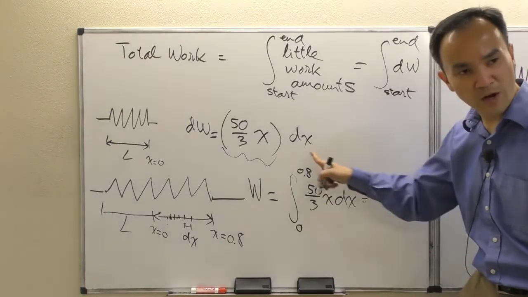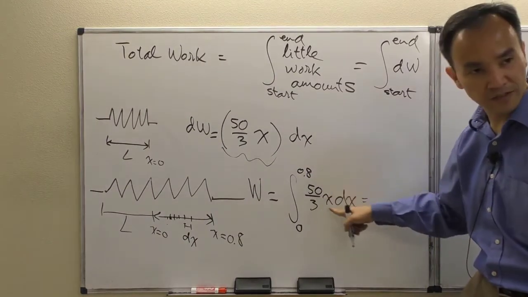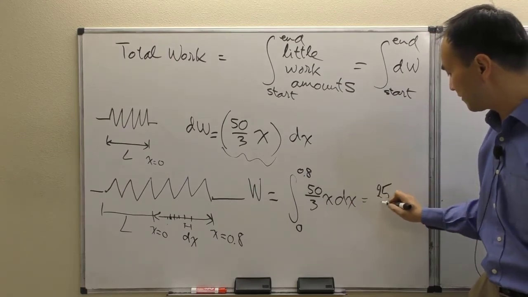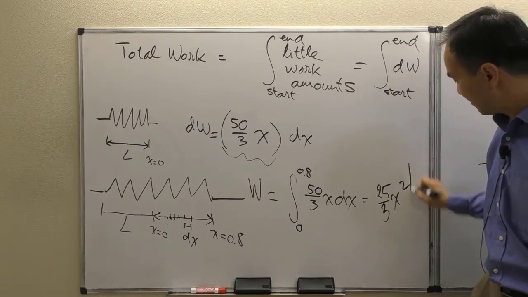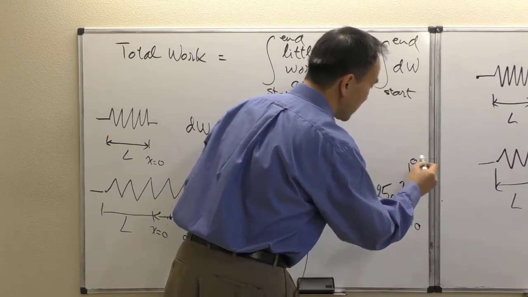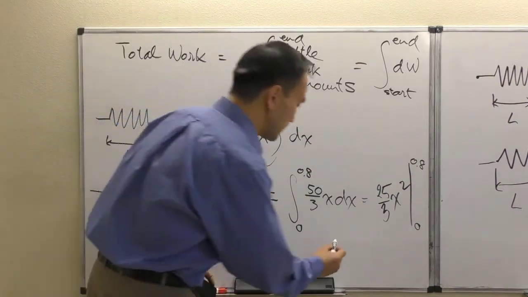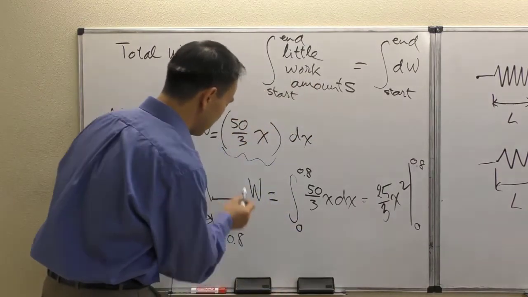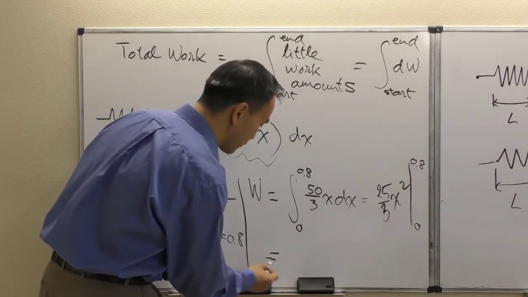The fundamental theorem of calculus says we're going to go ahead and find just the antiderivative of this 50/3 x right here, which gives me 25/3 x squared. And I am going to evaluate that antiderivative from 0 to 0.8. That means a little further mathematical work, and you can see that I don't need to spend too much space on my board here to do the calculation.